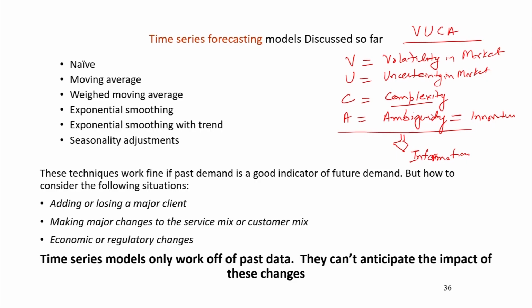Because of this, you will unearth the impact of this volatility, uncertainty, complexity and ambiguity in the demand pattern. If you are having some idea about that, information is going to play a very important role.